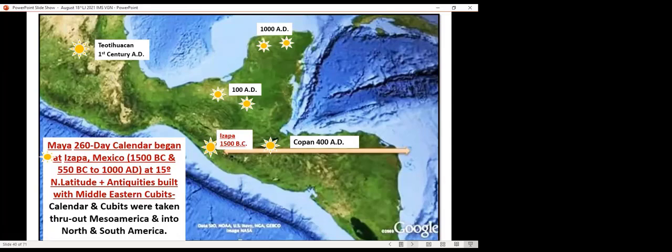North latitude and antiquities built with Middle Eastern cubits. Calendar and cubits were taken throughout Mesoamerica and to North and South America, showing the map, showing these major illustrations of this dispersion previously mentioned.